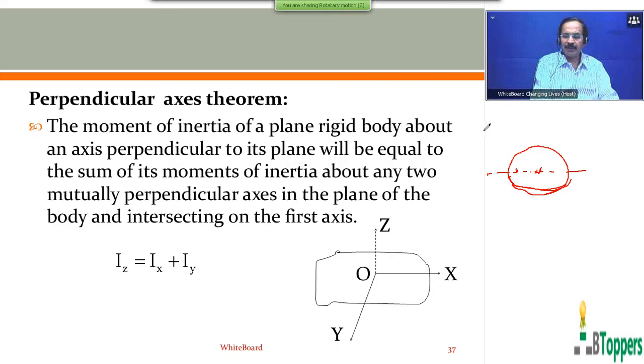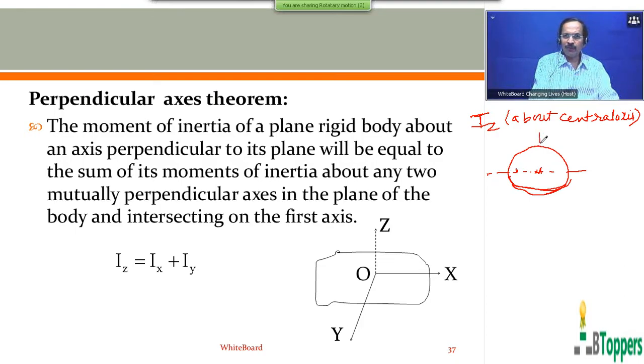So let Iz denote the moment of inertia about the axis perpendicular to the plane of the disc and passing through the center of mass of the disc. That means Iz is the moment of inertia about the central axis of symmetry, which is perpendicular to the plane of the disc and passing through the center of the disc, directed outwards towards you.